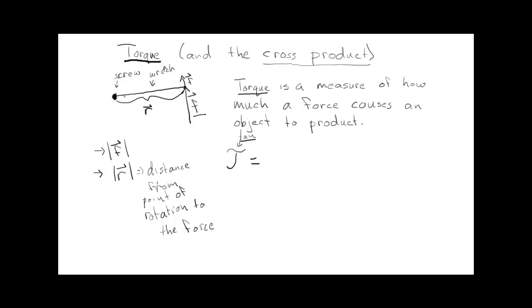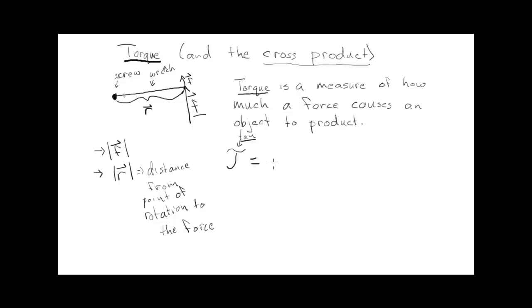So these two things are going to affect how much this object rotates. So that's basically it. Well, actually, no, I can write down right now. So it's basically F and R.